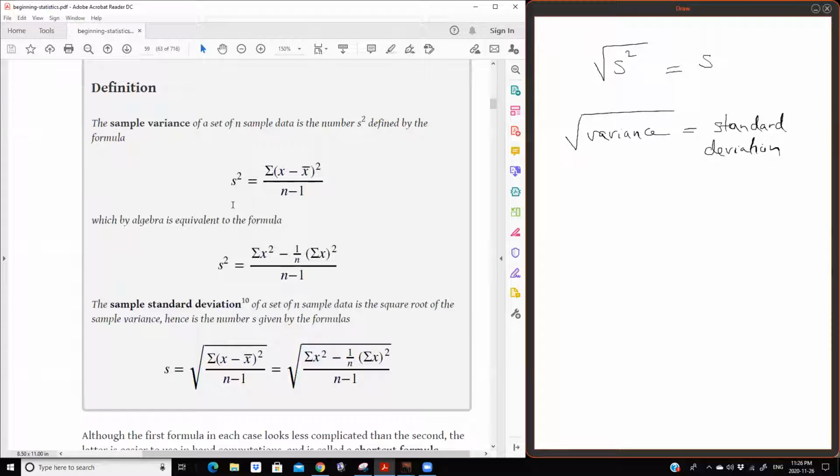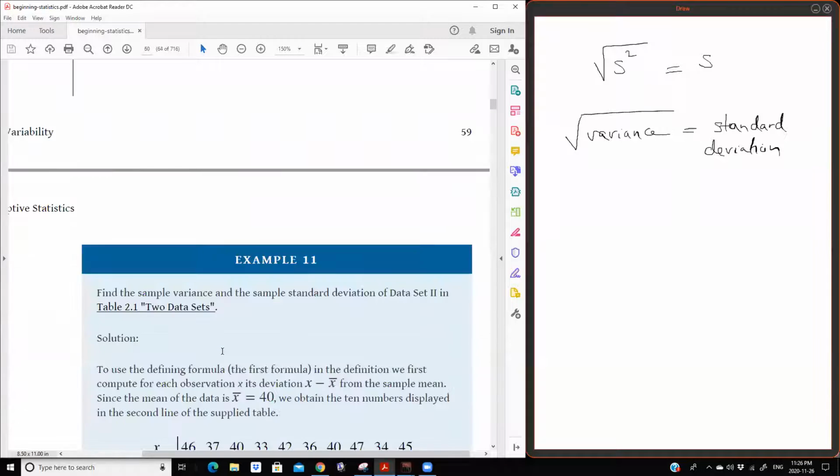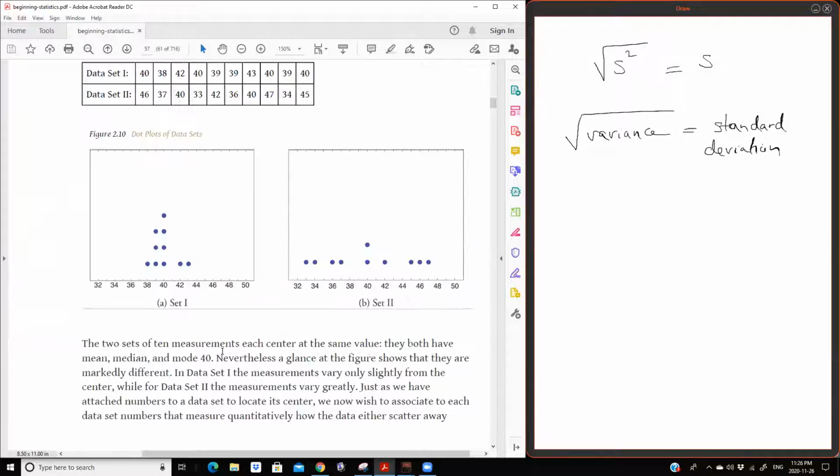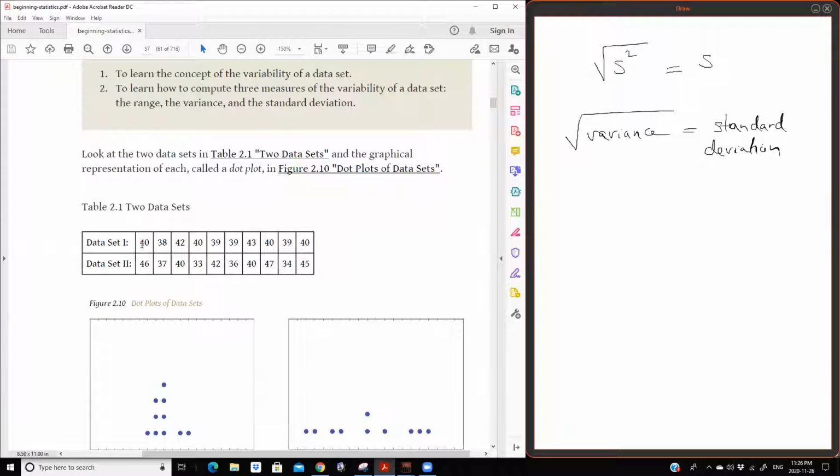So let's just do the calculations using a set of data. I'm going to use a simple set of data like set 1 over here.